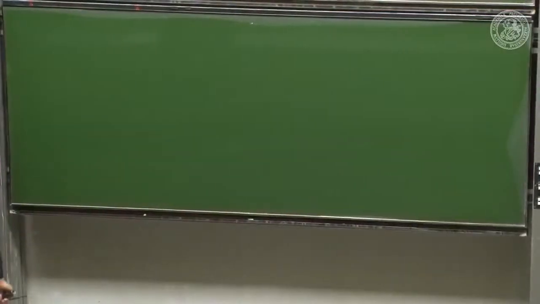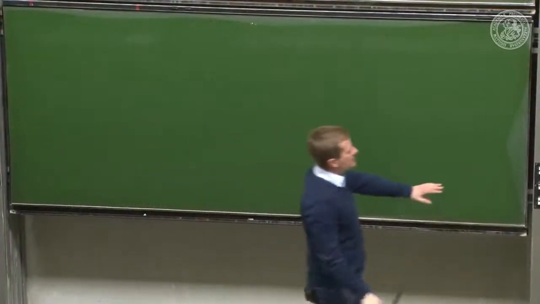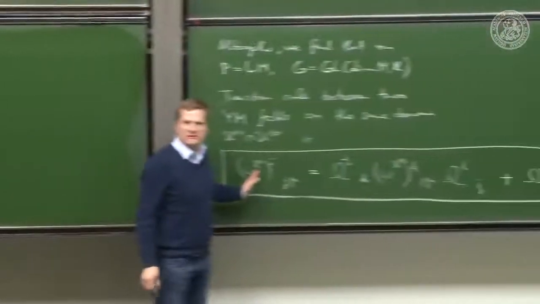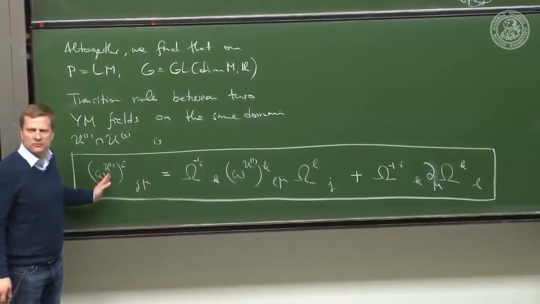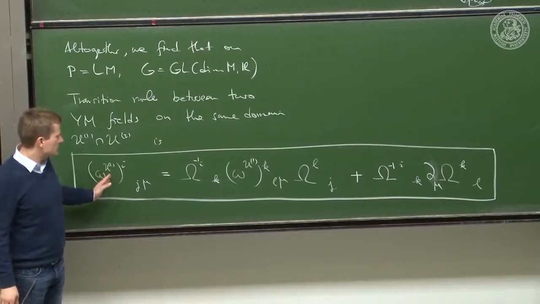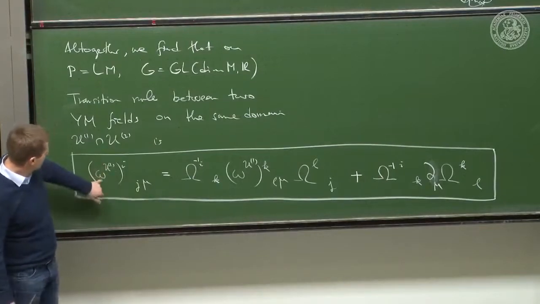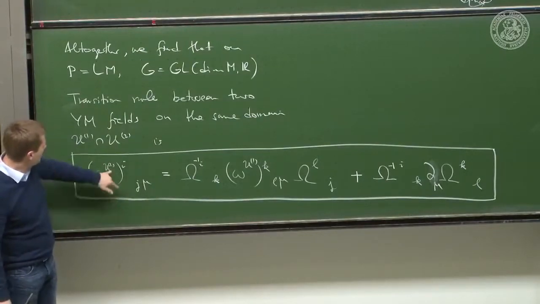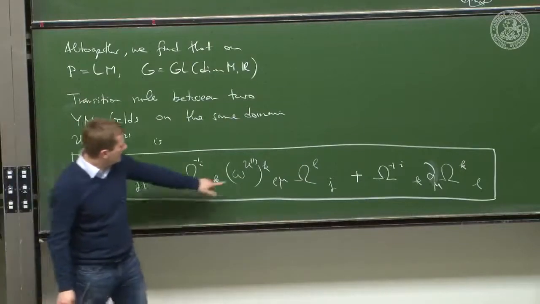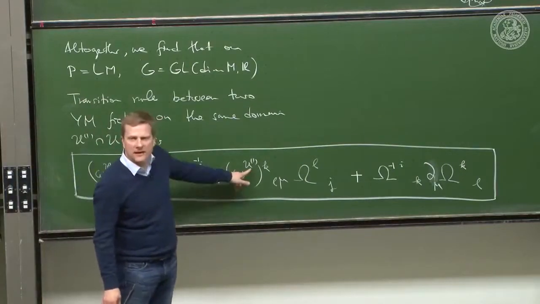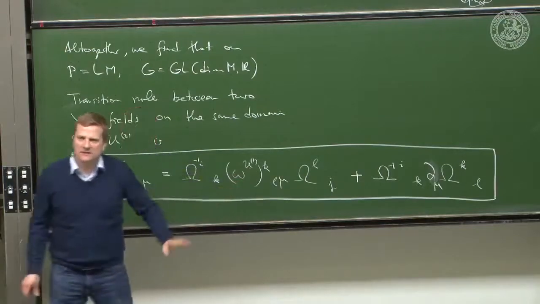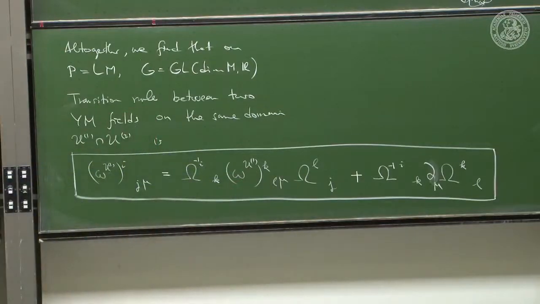In this formula here, it's entirely kept open which section sigma 1 and sigma 2 you chose. This is true for any such chosen section. Remember, this is just a pullback of the global omega under sigma 2, and this is the pullback of the global omega under sigma 1. I haven't said what sigma 1 and sigma 2 are supposed to be, but in this generality, the formula is important.